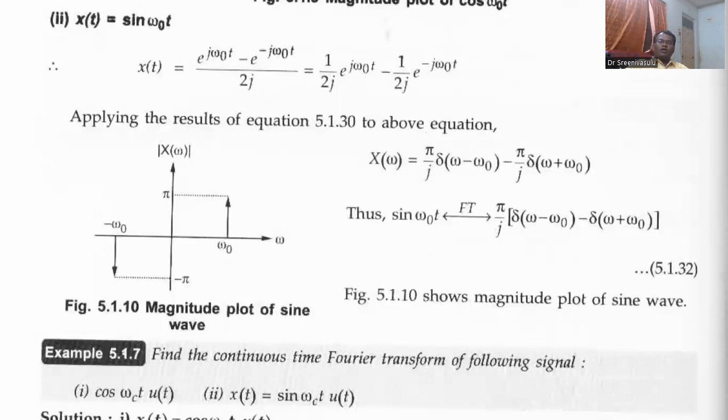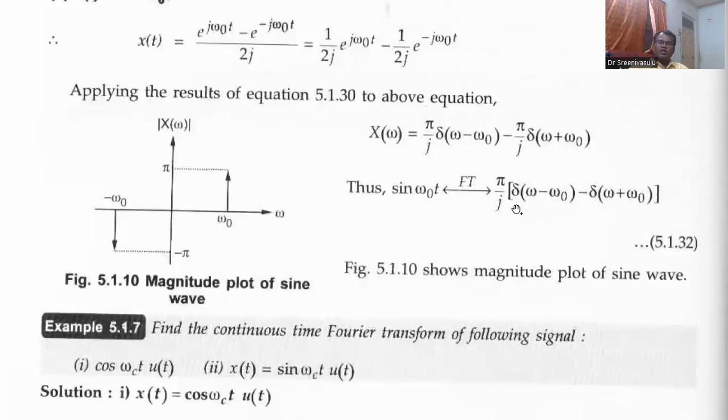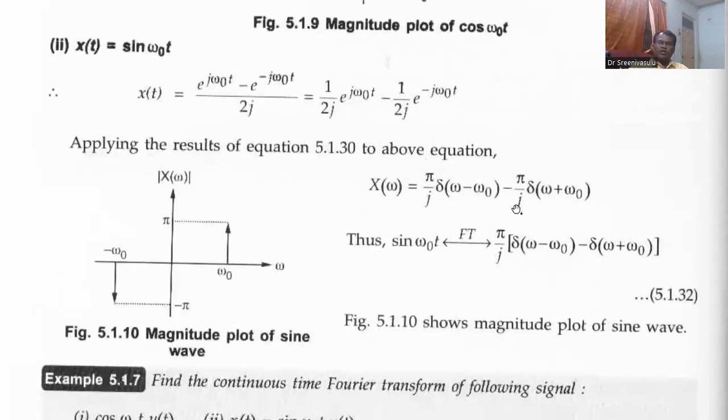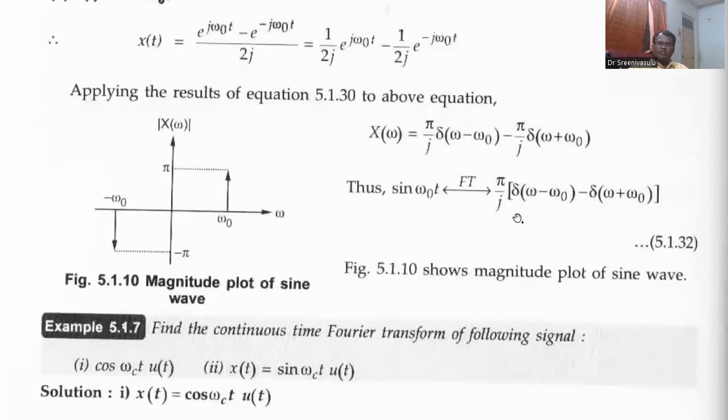Now, this 2j you write separately. From the previous derivation, we have already seen the Fourier transform of e power j omega naught t into 1, according to the frequency shifting property, is 2 pi into delta of omega minus omega naught. E power minus j omega naught t has Fourier transform 2 pi into delta of omega plus omega naught. In a similar fashion, the only change is that there is only a pi, and now it is a pi by j.